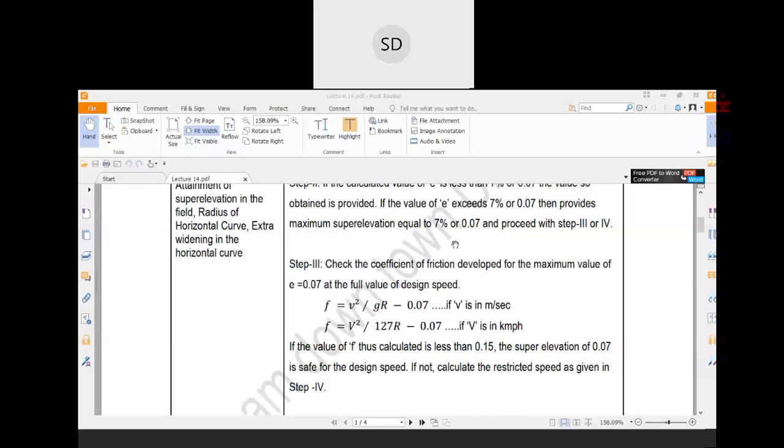F equal to 0.181, which is more than 0.15.